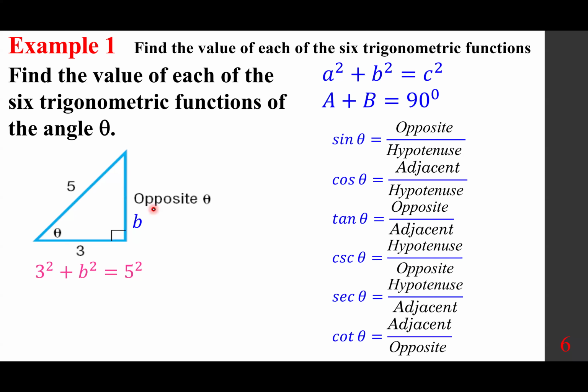3 squared plus B squared must be 5 squared. And B becomes 4.